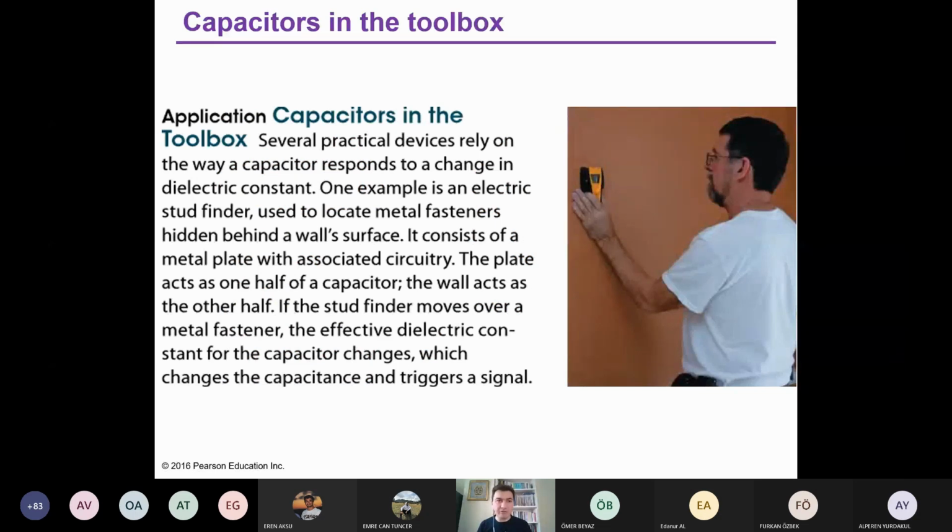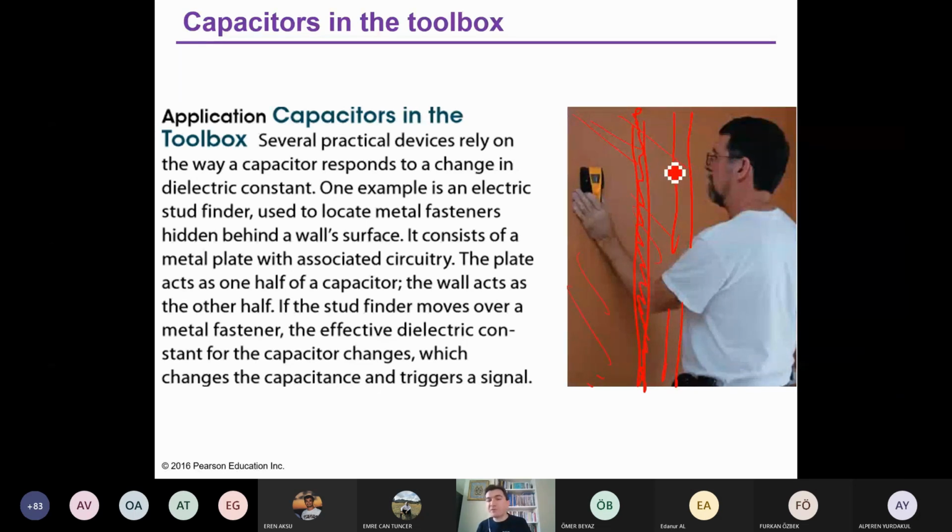In the toolbox, here you see a guy and there is a wall. Just consider that there are some metals within the wall, but you cannot see them. There are metals, or some water pipelines or other pipelines within the wall, but you cannot see them, and you would like to use a drilling machine to open a hole.